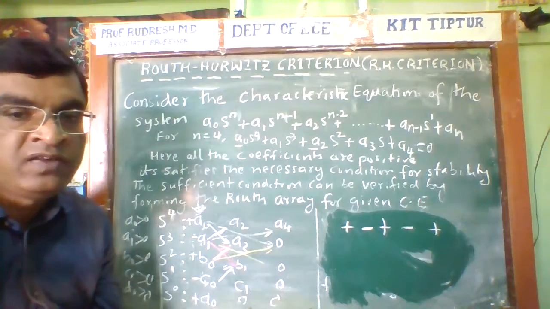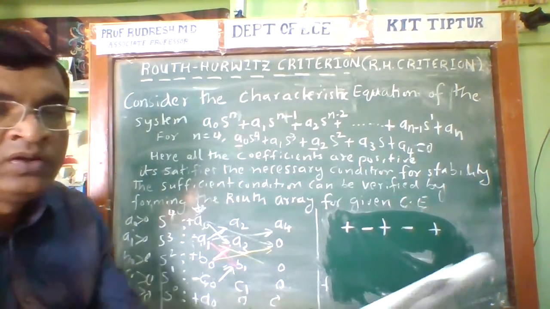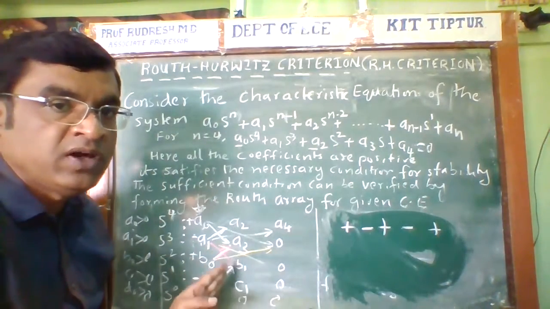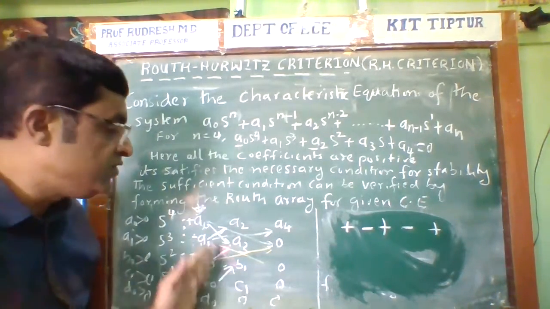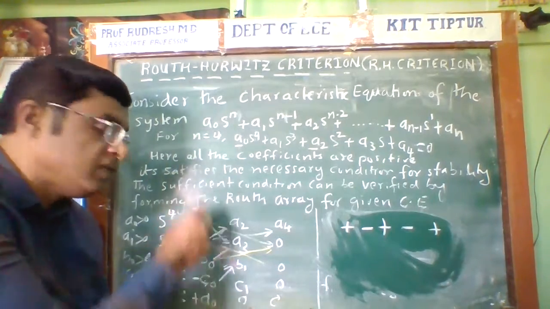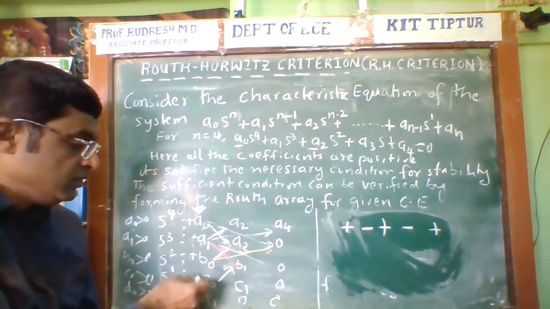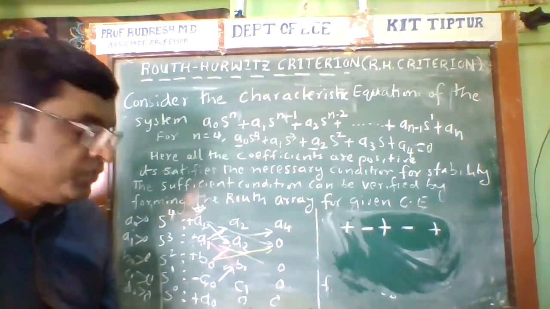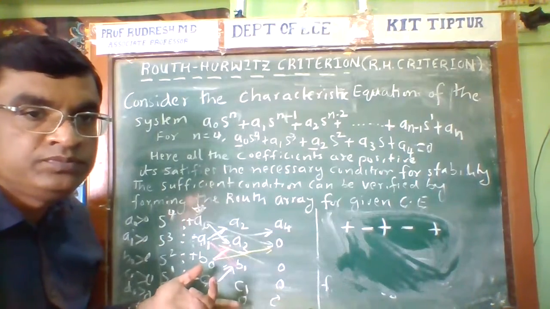If there are no sign changes in the first column of the root array, then the system is stable. If there are any sign changes in the first column, if the A1 value is negative and the C0 value is also negative, then the system is unstable.